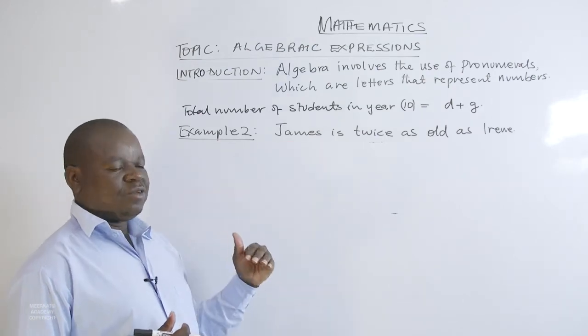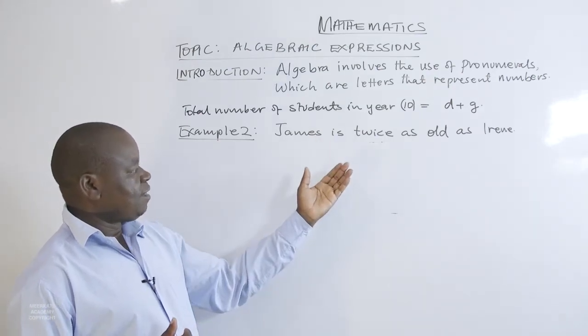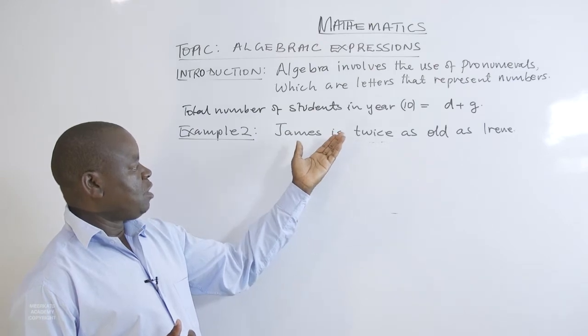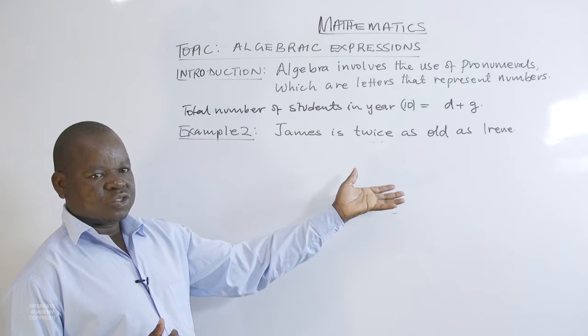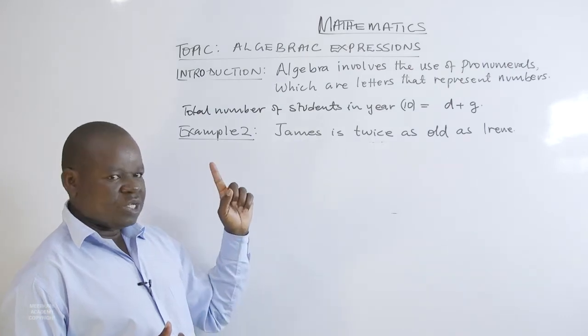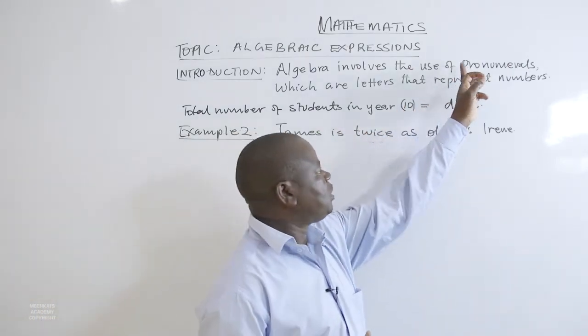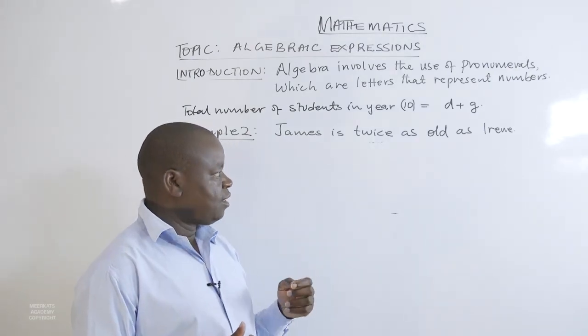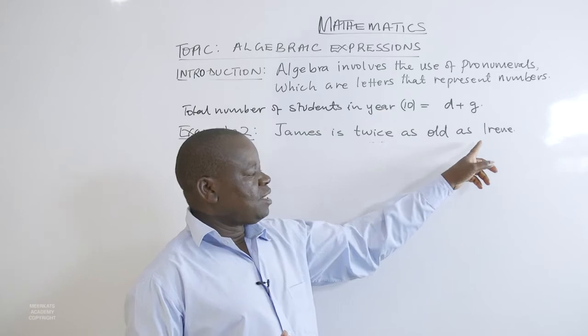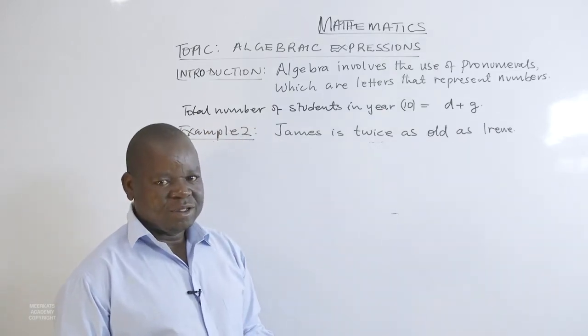We can decide to say, let James be this many years old, and we represent it with a pronumeral, which is basically an alphabetical letter, as we have seen. And this person is twice as old as Irene.